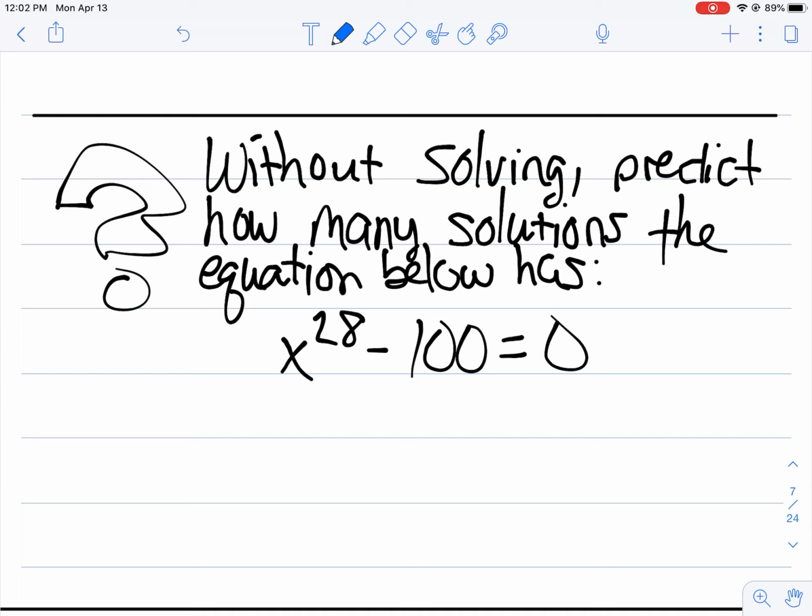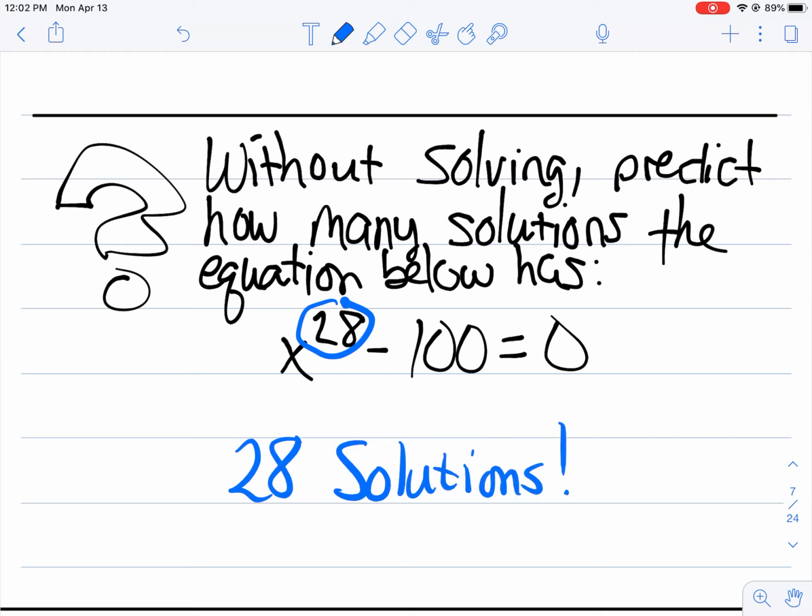How many solutions should you expect if you were to solve this equation? Well, if you look at the degree, it's 28. So you should have predicted 28 solutions. All right?